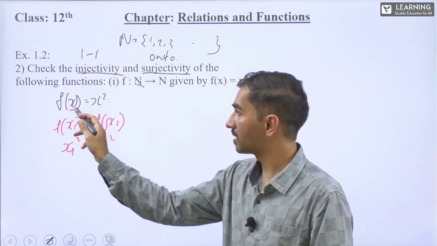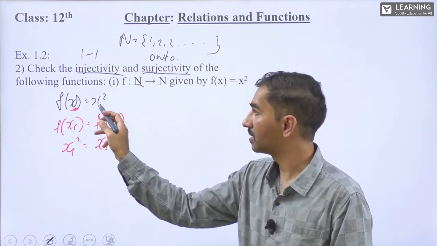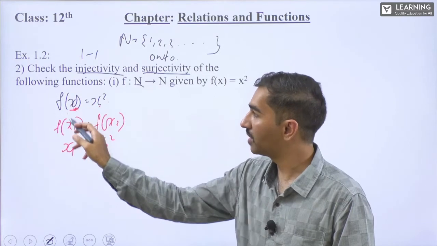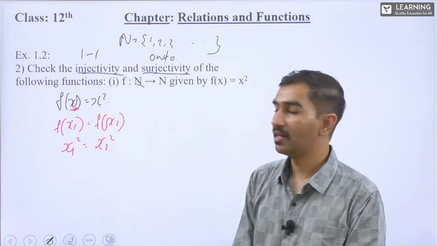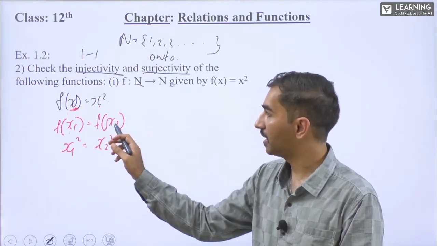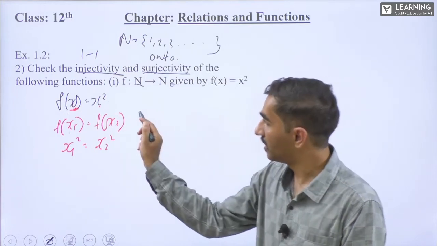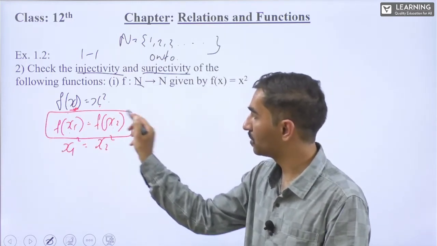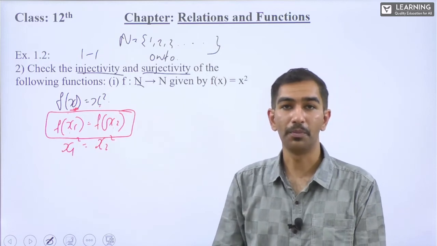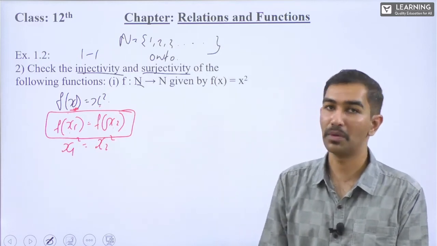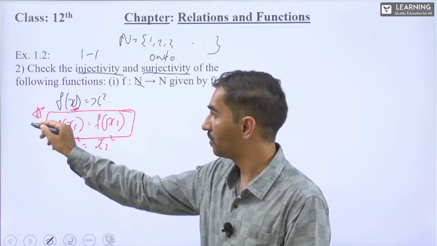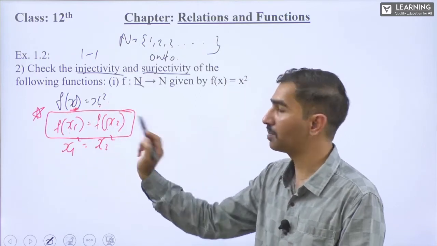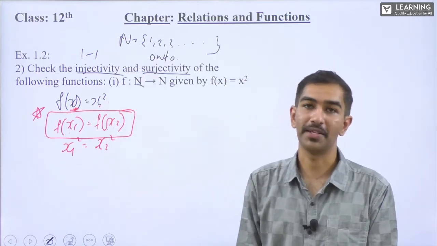Here we have written x, that is why it is x here. Now in the place of x, we are writing x1, and in the place of x again, we are writing x2. Why have we written this? f of x1 is equal to f of x2. This is how you have to start your proof to prove it is a 1, 1 function. Always remember this, put a star mark. If you want to prove it as a 1, 1 function, start from here: f of x1 is equal to f of x2.